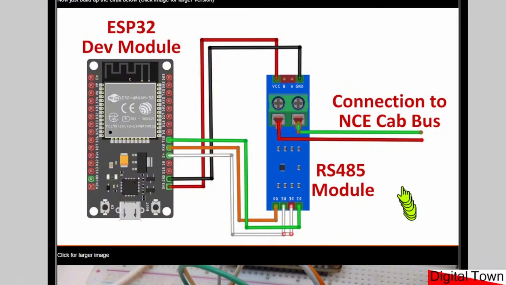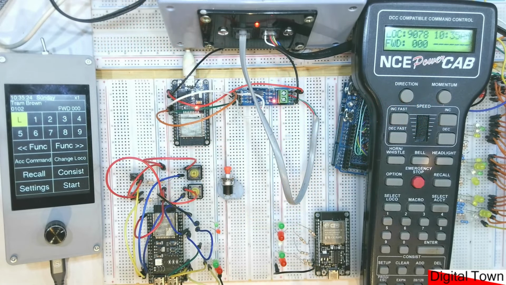Now, the one cable that I haven't talked about is the connection from the RS485 module to the NCE Cab Bus. So if we go back to the webcam, you can see that I've got a lead here.